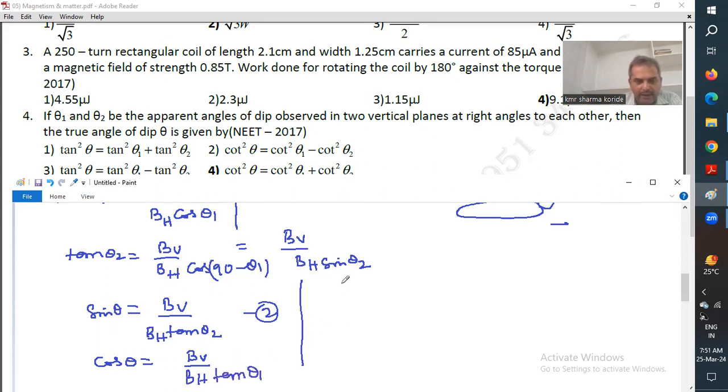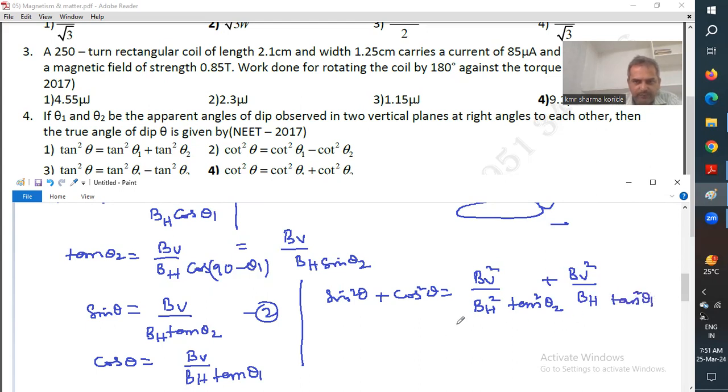So squaring and adding, sin square theta plus cos square theta is equal to BV square by BH square. First case tan square theta 2 plus BV square by BH square, so tan square theta 1.